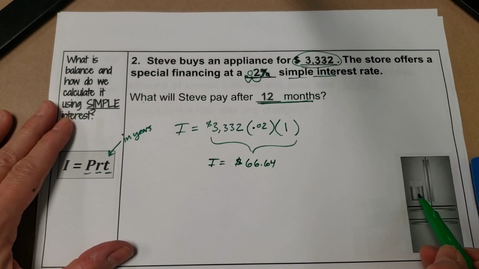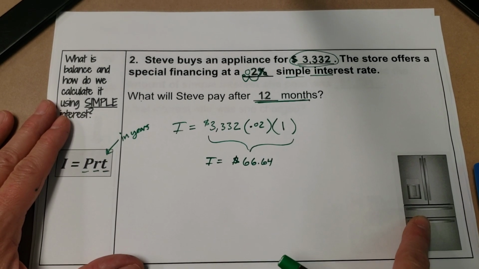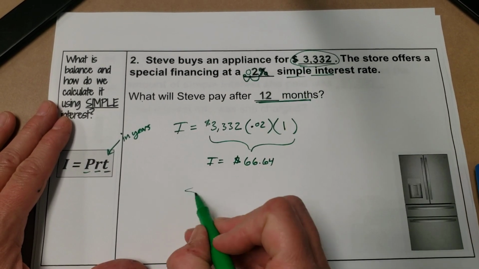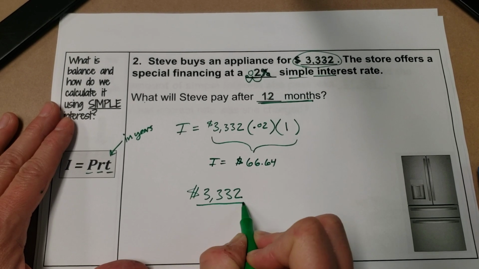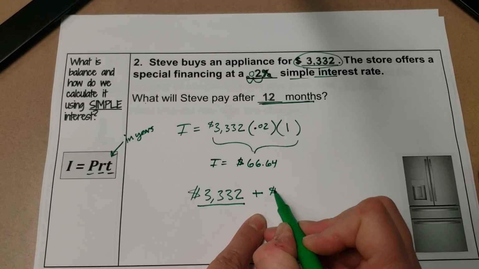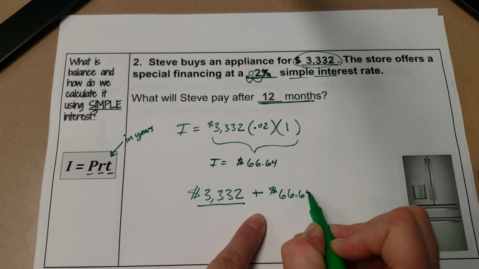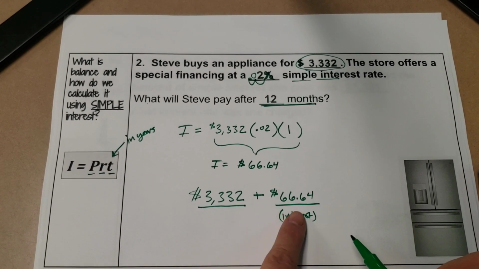That means what will he pay for the refrigerator? He's not going to pay $66 for that refrigerator. No way. Remember, he borrowed $3,333 for the refrigerator. He has to pay all of that back. Plus, he also has to pay the $66.64 of interest. He has to pay both of them back.